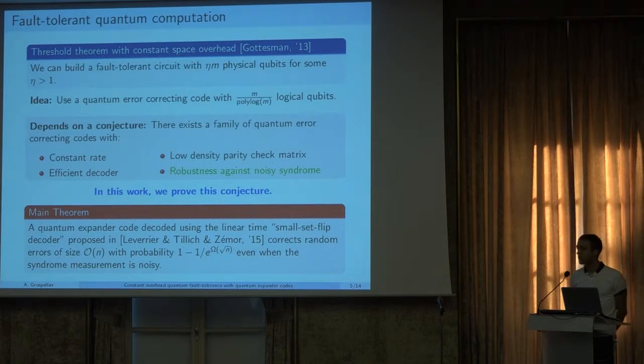More precisely, the main theorem is that if you decode a quantum expander code using a decoder called the small set flip decoder, which was proposed in 2015, then you can correct linear size errors with high probability, even when the syndrome measurement is noisy.